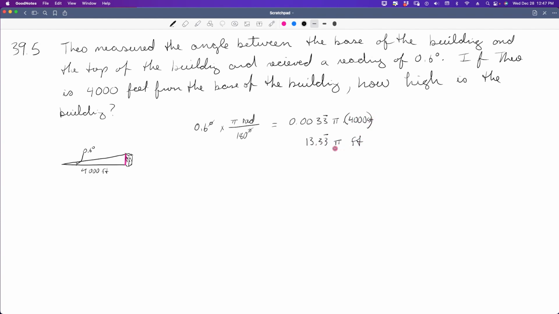Now we can either do pi as 3.14, or we can do pi on the calculator. When you have a repeating decimal, it's a heck of a lot easier to do the pi on the calculator.